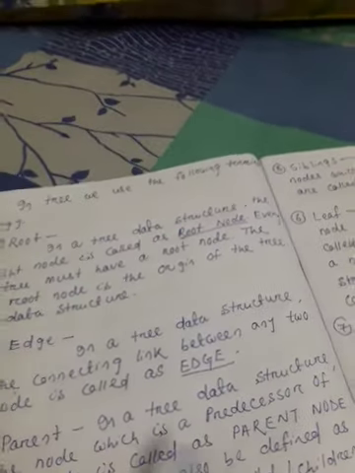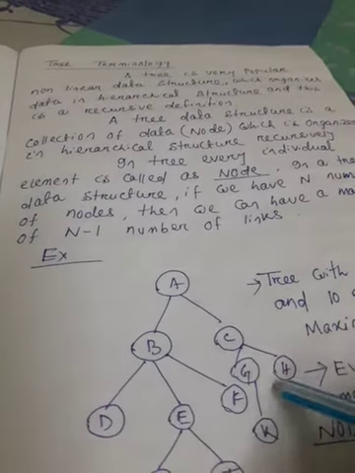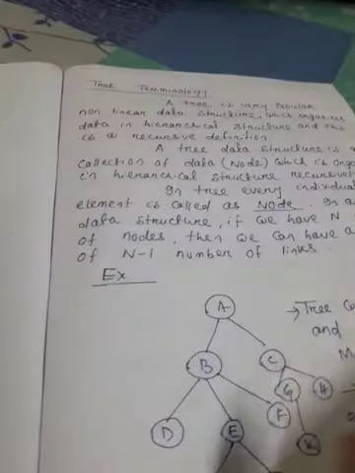There are 10 edges: 1, 2, 3, 4, 5, 6, 7, 8, 9, 10. So 10 edges are there.